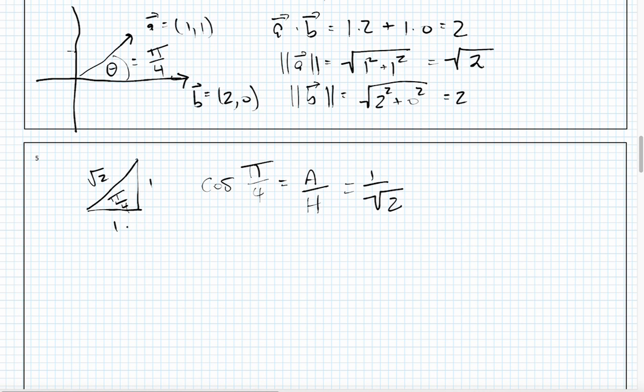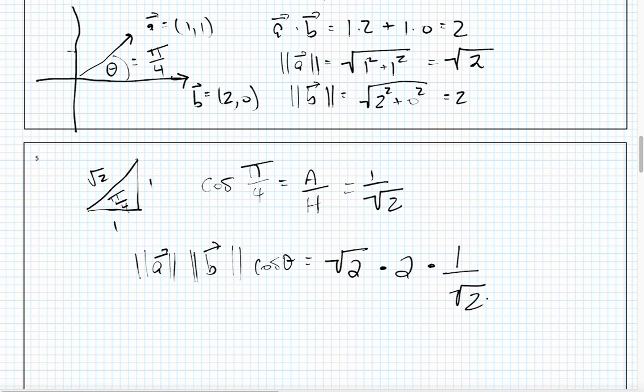So now I have that the magnitude of A times the magnitude of B times the cosine of theta is equal to, let's see, radical 2 times 2 times the cosine of theta, which is 1 over radical 2.